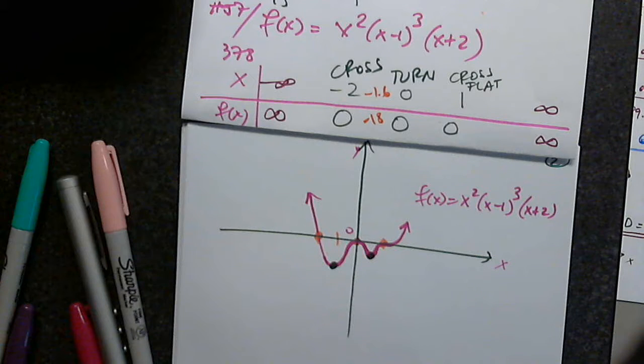Let's see what it's giving us. See, it's not crossing fast, it crosses slow. I don't like the viewing window. I'm going to go back and make the y minimum -0.8.